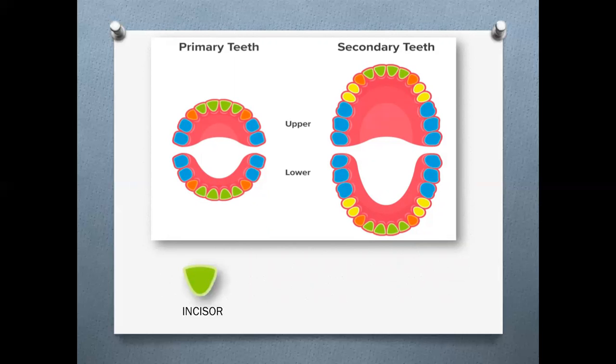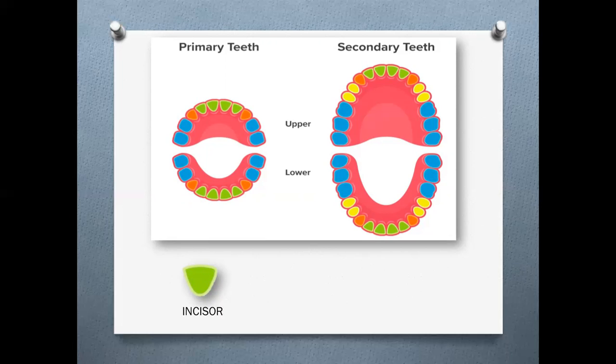The green color are the incisors, located anteriorly or in the front. This is used for cutting. The green one, this one, and one in the lower. Used for cutting. We have 4 in the upper and 4 in the lower. So we have 8 incisors, all in all, both primary and permanent teeth.